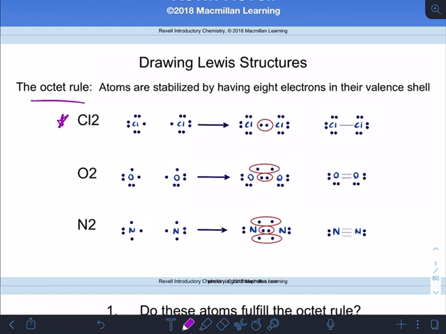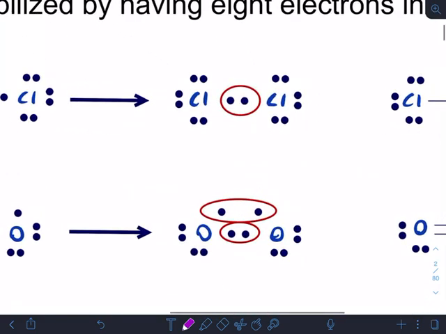So in that first example here with chlorine, each one of these chlorine atoms has 7 valence electrons all by itself. But if they share those 2 electrons in the middle, now each one of those chlorines feels like it has 8 electrons.